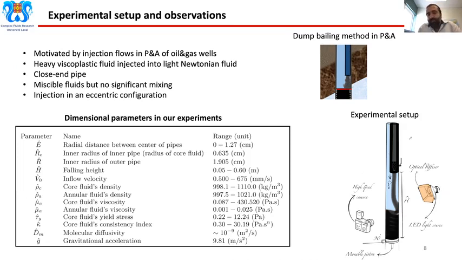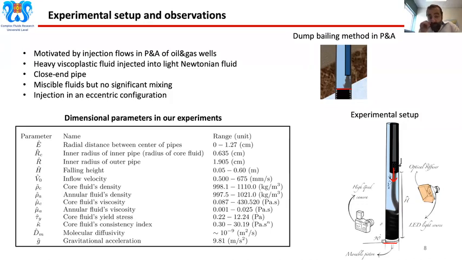Based on this, we have constructed an experimental setup with two eccentric pipes. From the inner pipe, we are injecting Carbopol into water. We have a piston at the end, so we can manipulate the height of the falling.